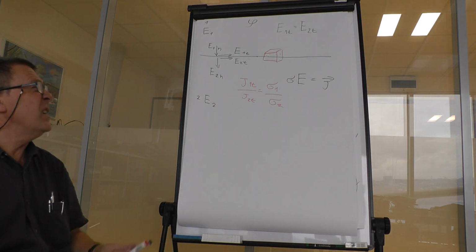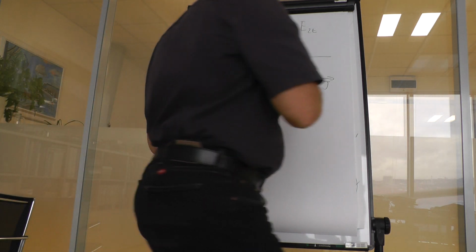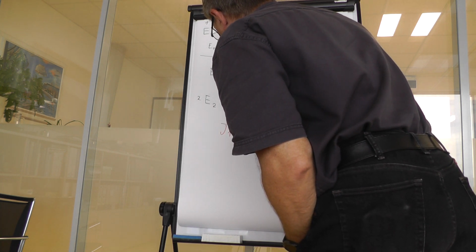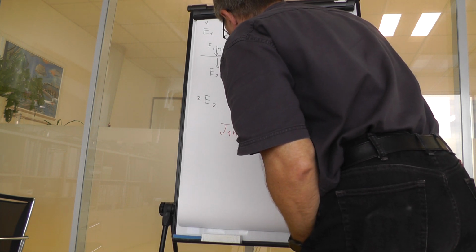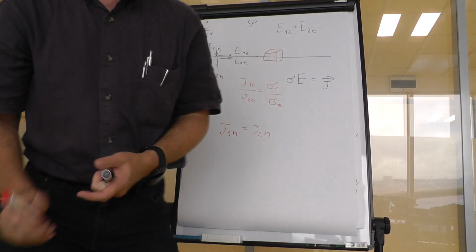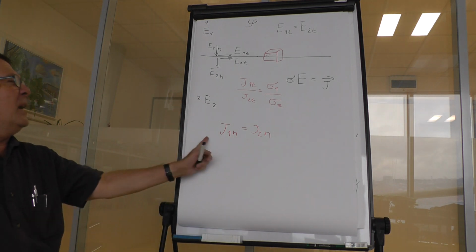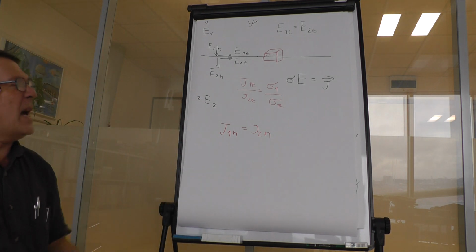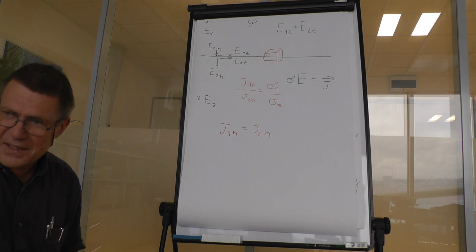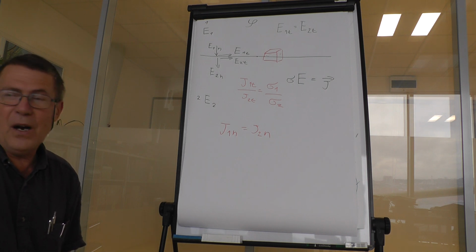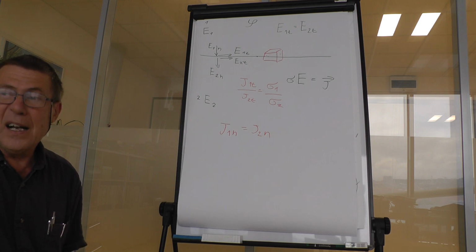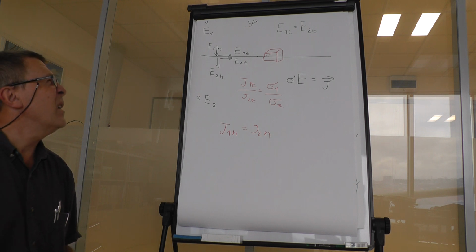And therefore, it must hold that J1 normal is strictly equivalent to J2 normal at the interface. Having strictly equivalent normal components of current density, we can now establish the condition for electric field strength.